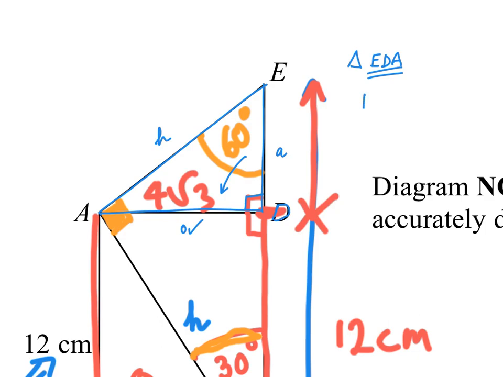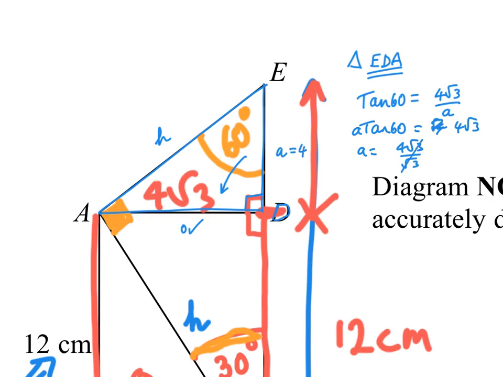we have tan of 60 again is opposite, which is 4 root 3, or the decimal that you've got, over the adjacent. So times both sides by A again. So A tan 60 is 4 root 3, and then A will be 4 root 3 over tan 60, which is root 3. So you just get 4 here.